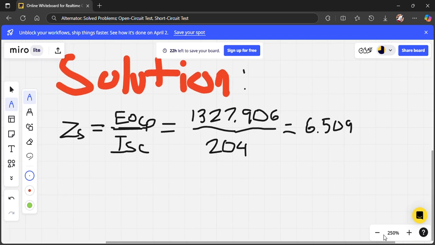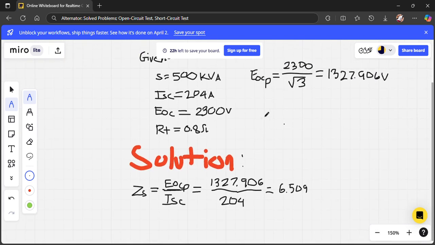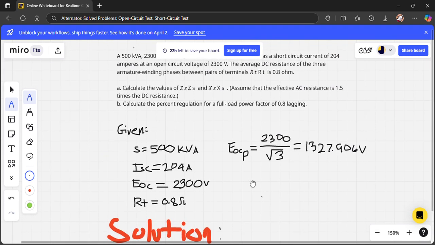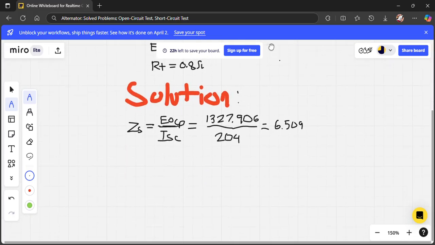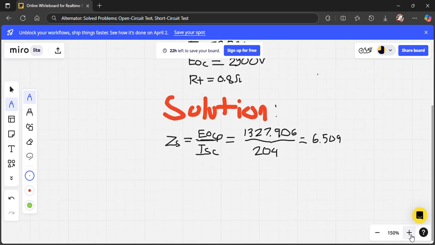Okay, and now we should also calculate the synchronous reactance.